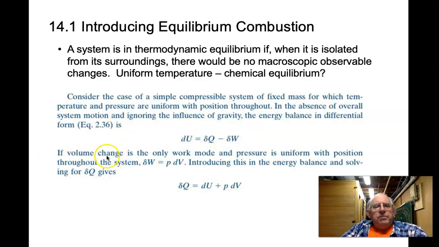And then if we make the assumption that volume change is the only work mode, and that pressure is uniform with position throughout the system, we can then say that this path-dependent work term, this delta W, can be written by the equation P delta V. And so that was the form that we used when we had volume or boundary movement for a system that was at some pressure with a volume change.